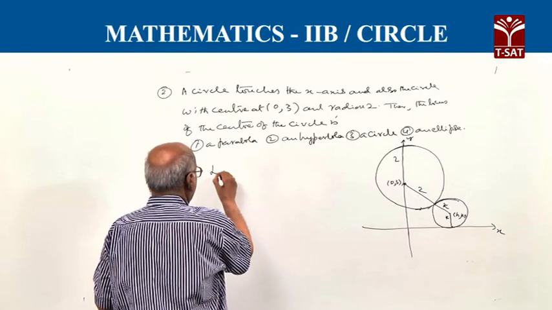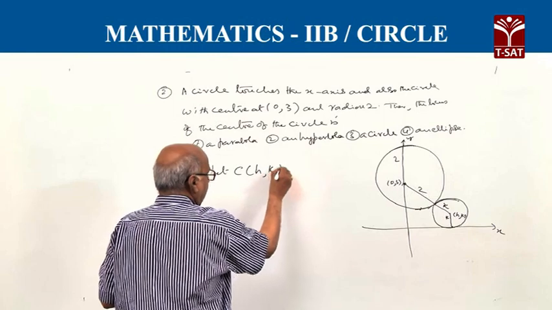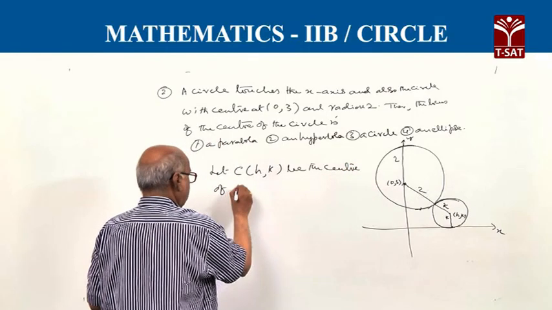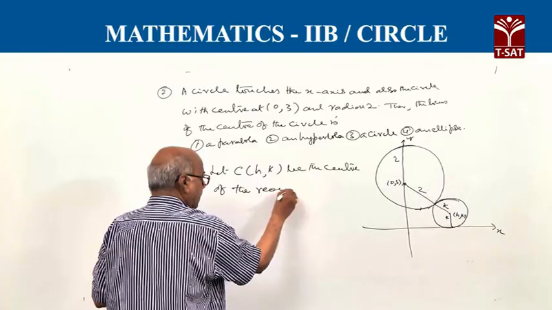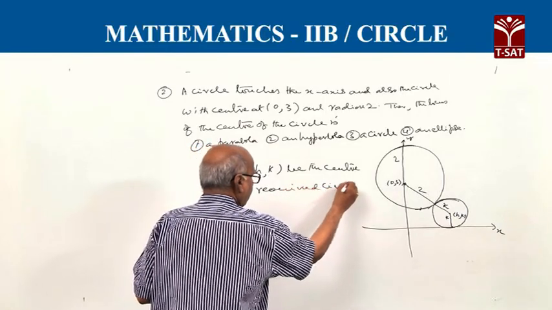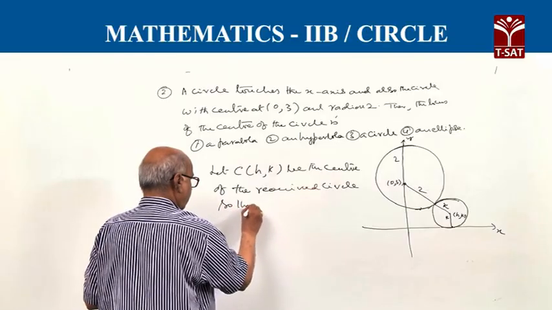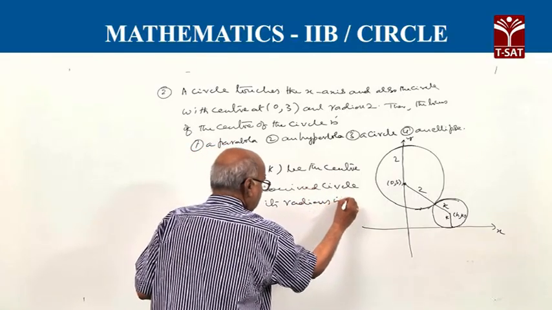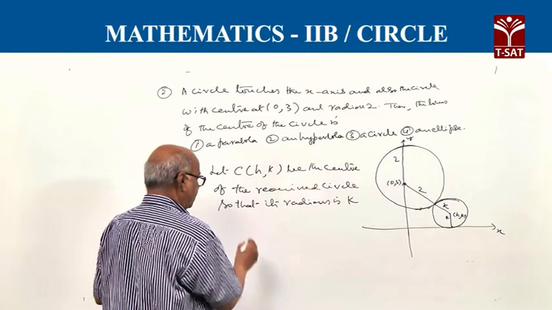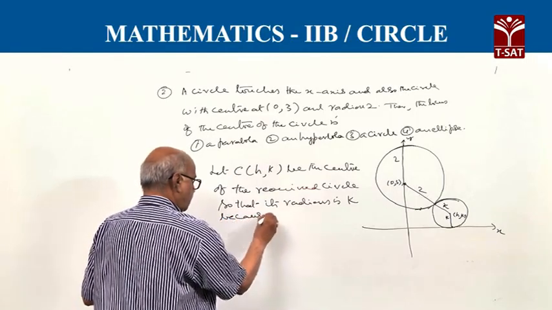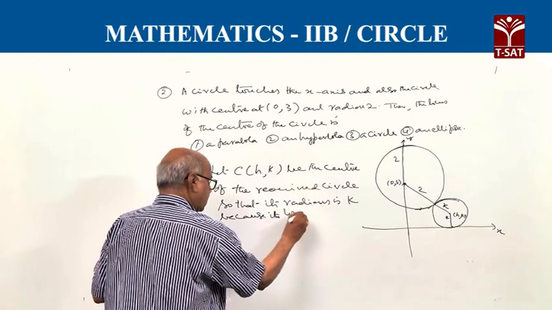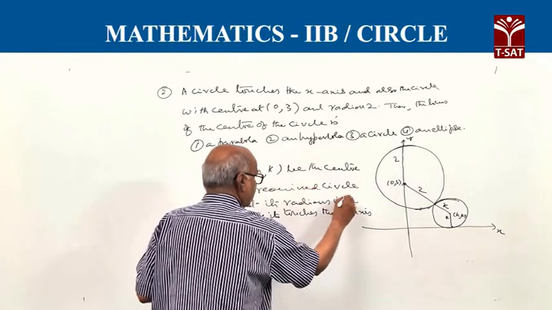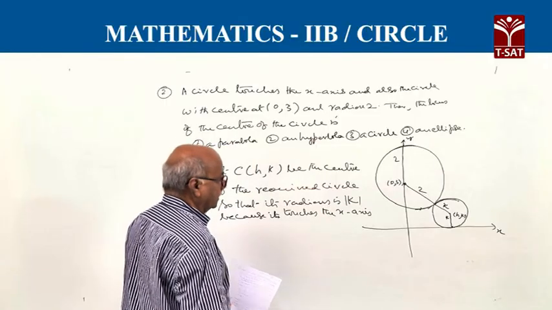Now, let (h, k) be the center of the required circle, so that its radius is k itself, because it touches the x-axis. Radius is mod k.